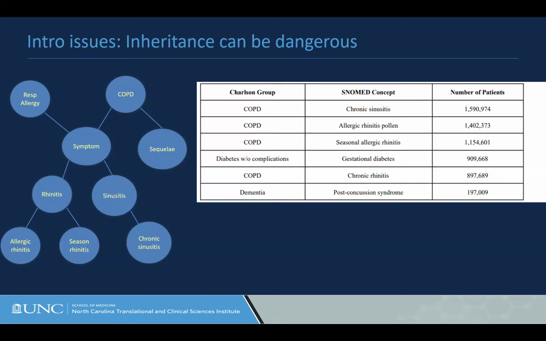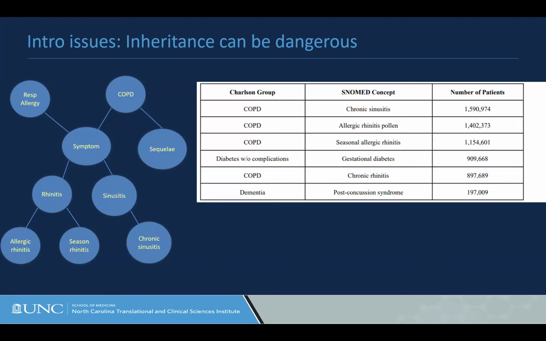So on the left, I have this pet example of an ontological representation of an OMOP vocab situation, where at the top we have clinical areas of respiratory allergy issues, on the same level as COPD.